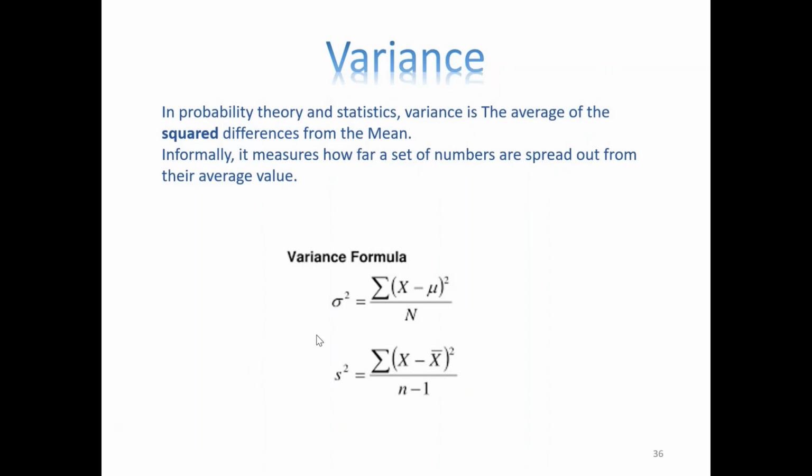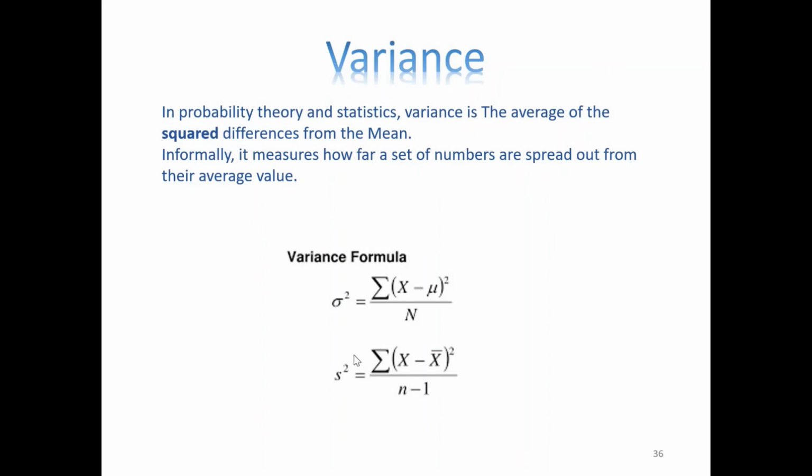The formula for variance is sigma square for population and S square for sample. It is found out by summing the distances of all the points from the mean of the particular data set, square of that value divided by n, which is the number of values that we have.